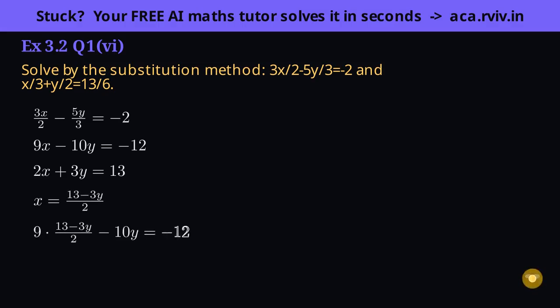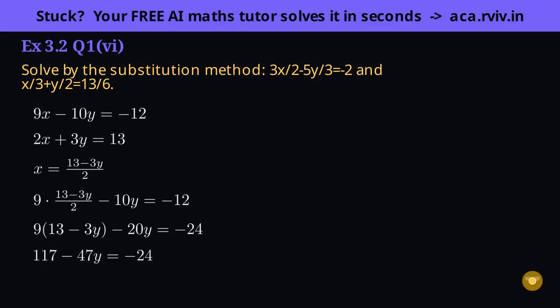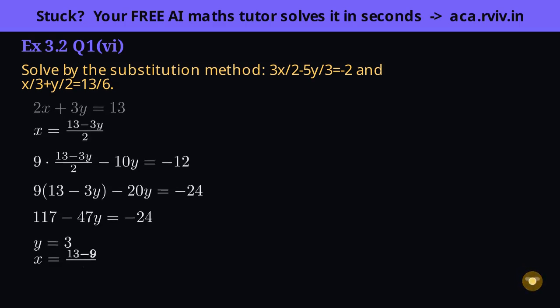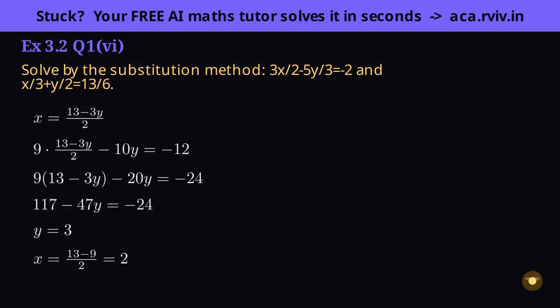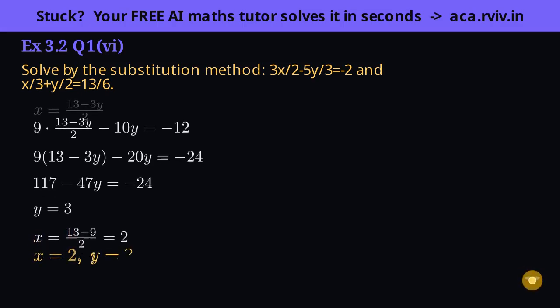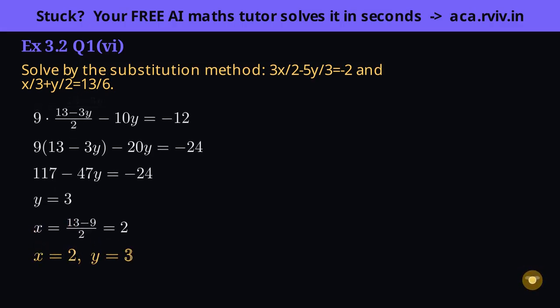Substitute into the first. Multiply everything by 2 to clear the fraction. Multiply out and combine. Solve for y. Back substitute for x. Insight: 2 rounds of clearing fractions keep numbers whole and the substitution painless.